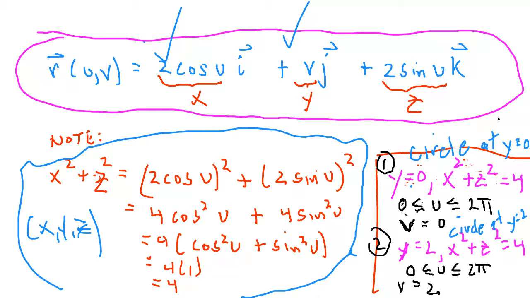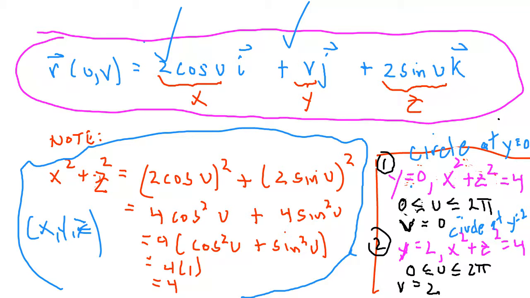And the circles are vertical circles, parallel to the xz plane at different distances along the y-axis.